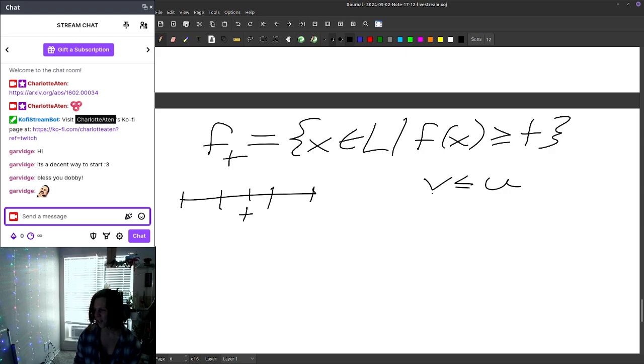So suppose that v is less than or equal to u in our lattice, then what we found is that f of v should actually be bigger than f of u. And let's imagine that we chose some t that is between those values.